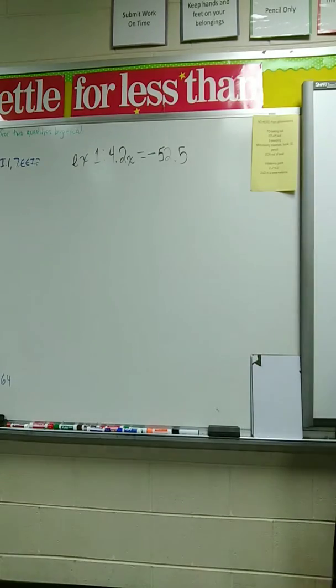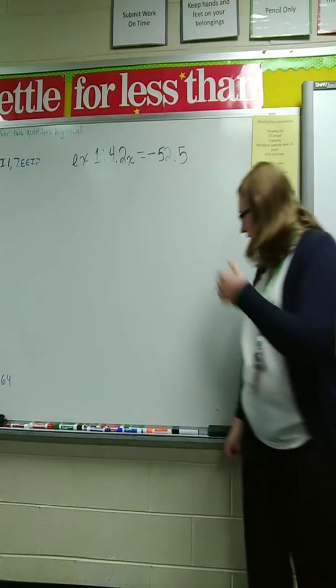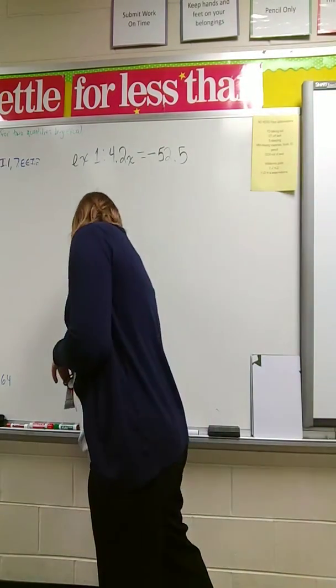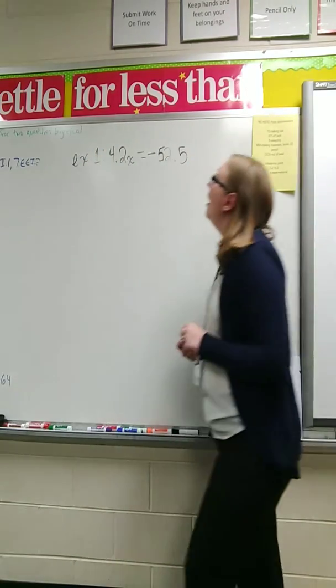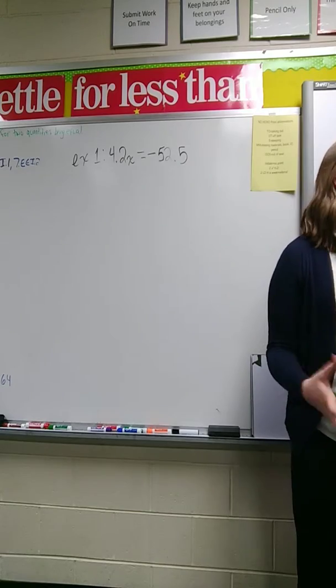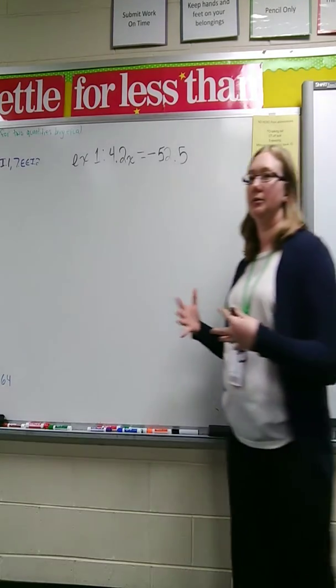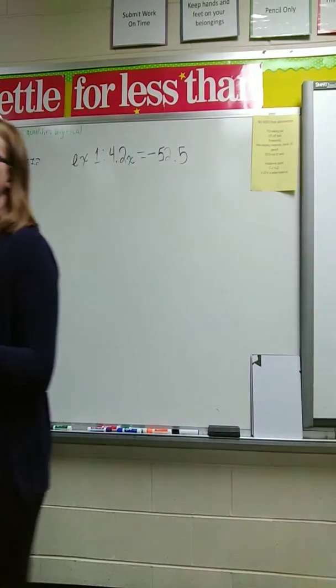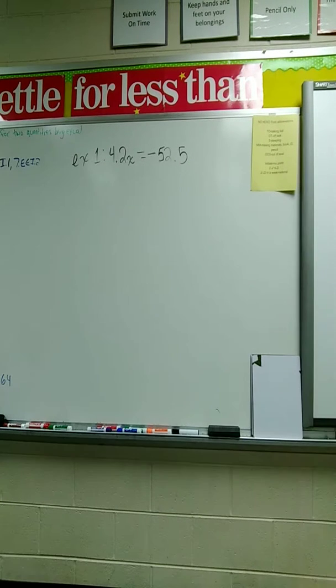Okay? So, if I have a 4.2 in front of my variable x, what operation is there that's not written? Multiplication, thank you. So what's the opposite of multiplication? Division.